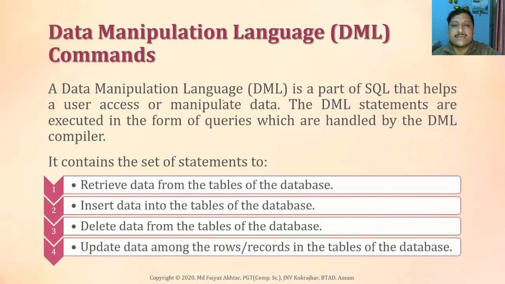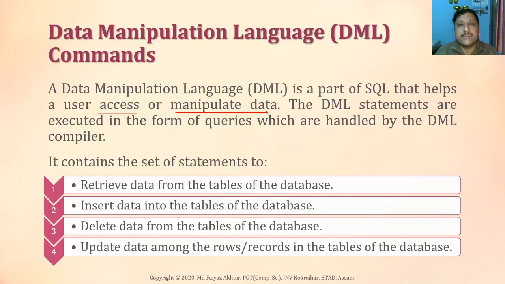Data manipulation language, or DML, is a part of SQL that helps a user access or manipulate data. Access means that once we have created a structure and created the tables and databases using DDL commands, all the records are available there.